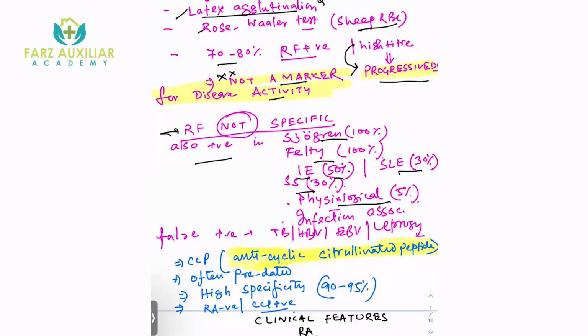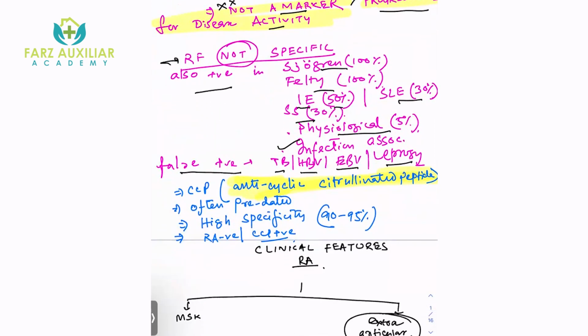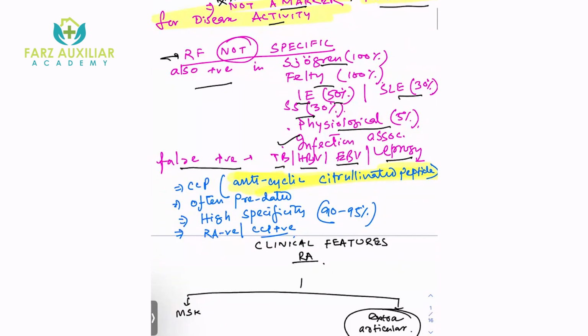Physiologically, 5% of the population may get RA factor positive. And in multiple infections, apart from rheumatological conditions, RA factor may be falsely positive, like tuberculosis, HBV, EB virus, and leprosy. You do not have to write all these things. You can take a snapshot and we can move on because a lot of information is there. Try to write what extra thing I am telling in between. That will be the tips for the examination.